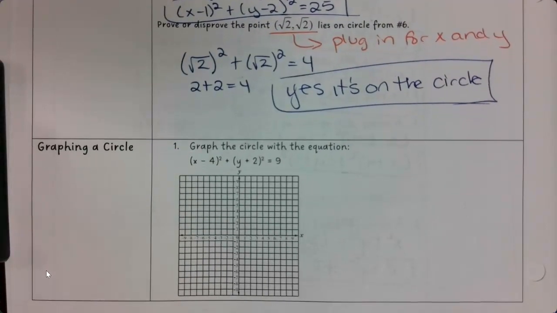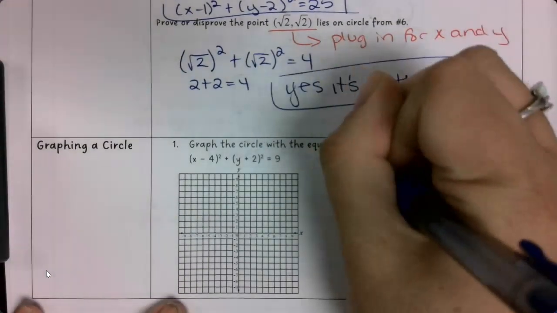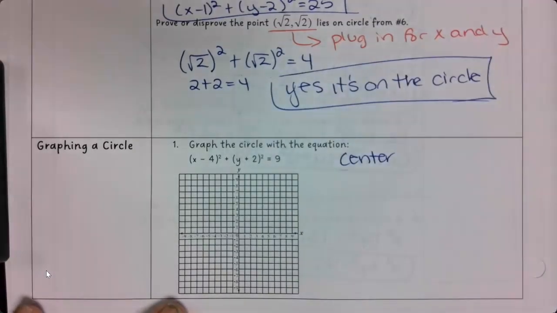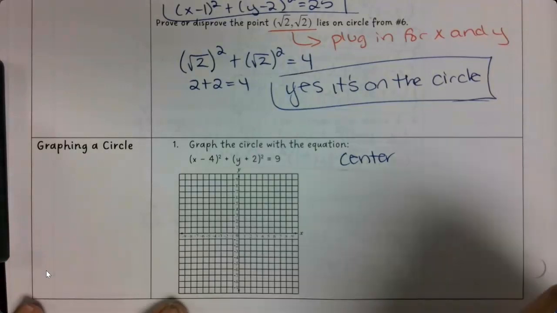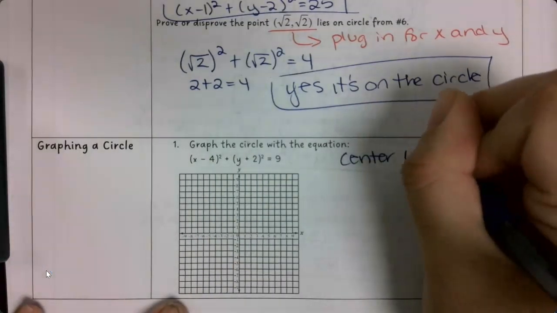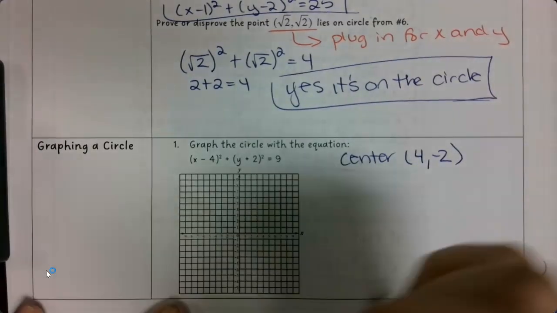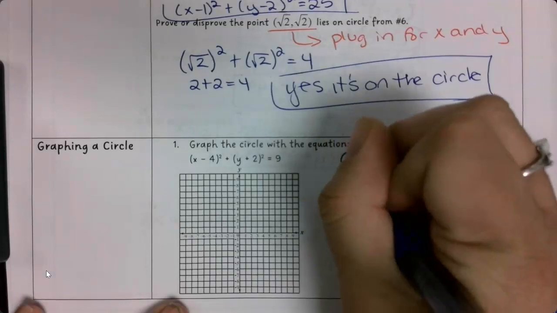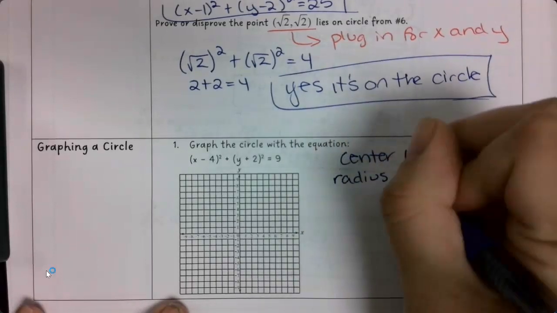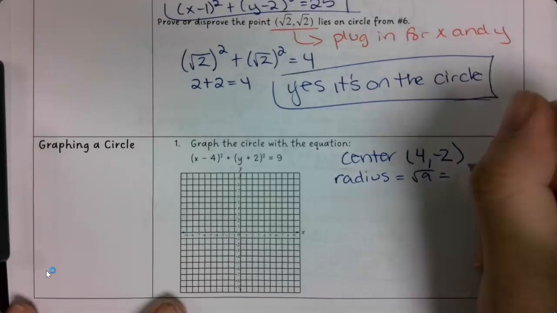Okay. Then the last thing I have is I want to graph the circle with the equation. So first thing I want to do is figure out where my center is. What's the center of this? It's going to be opposite those signs. So (4, negative 2). And then my radius is the square root of the number it equals. So the square root of 9 is 3.